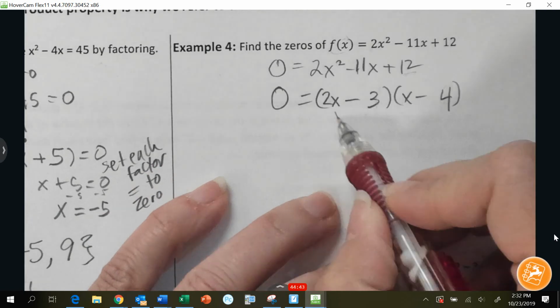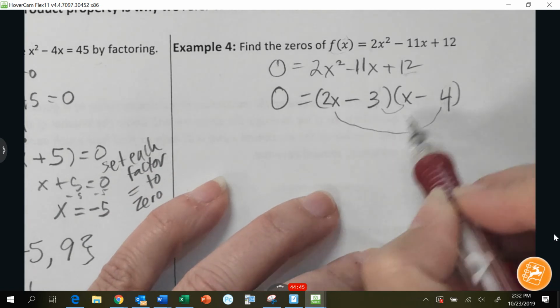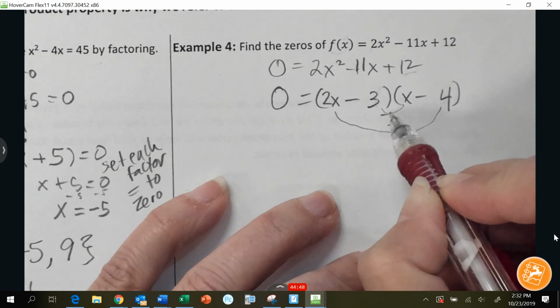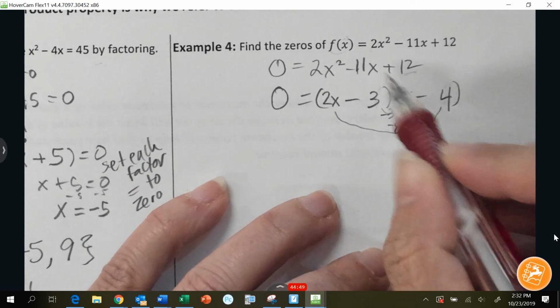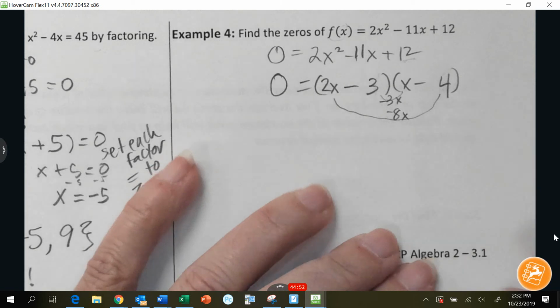Negative 8x minus 3x gives me negative 11x. We're not done though.